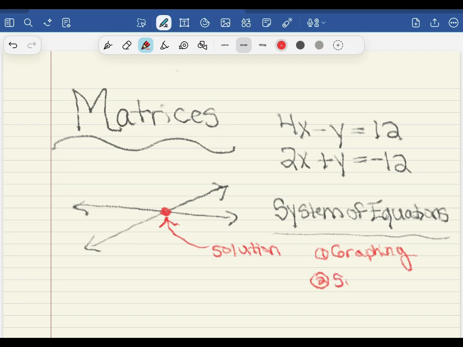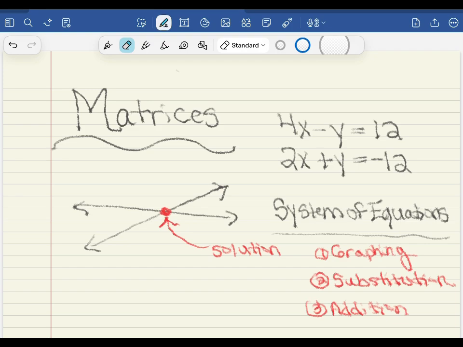You learn how to do substitution with a system and you can learn what that ordered pair is going to be. And then lastly, you could use addition. Sometimes they call it the elimination method. So addition, elimination, that's the same type of method. But it's these techniques we use to basically find that point. And remember, that point is an ordered pair because you're talking about an XY plane. It's some kind of ordered pair that shows where those two lines meet.